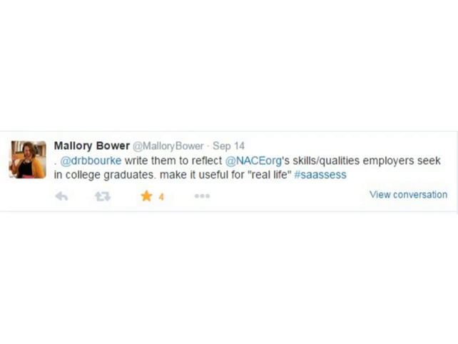And Mallory Bauer, who is at SUNY Oswego, I believe, works in career services and suggested looking at NACE's outcomes that employers look for in college graduates.